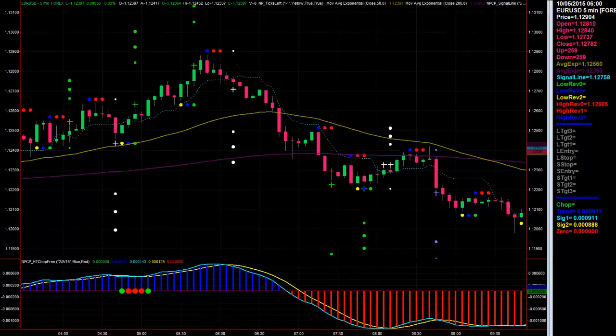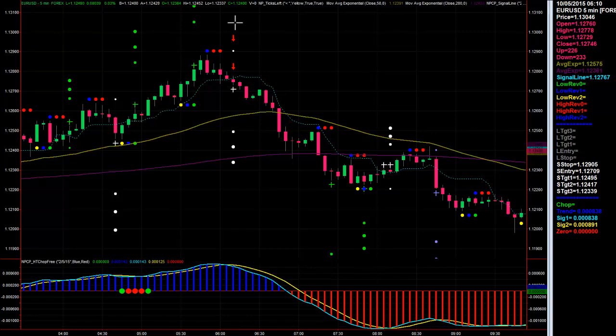Okay, so let's talk about targeting. Obviously, the targeting is calculated for us by the calculator, but it's important that you understand how the targets are being calculated. So let's take a look at this white trade as an example. And we're looking at a Euro-US Forex chart. But it's the same with every counterpunch trade. This is how all the targets are calculated. It's really simple.